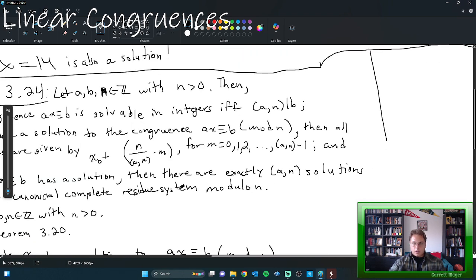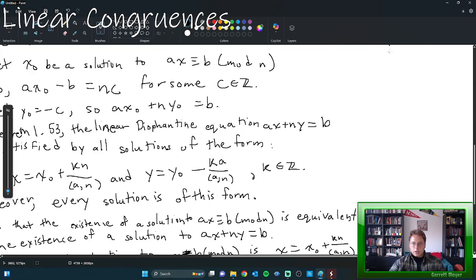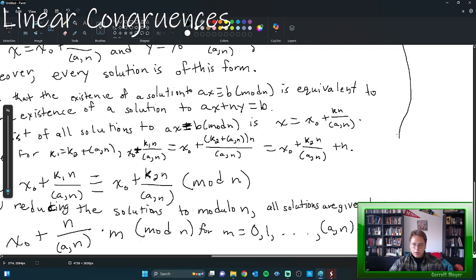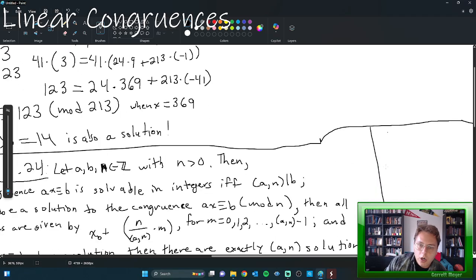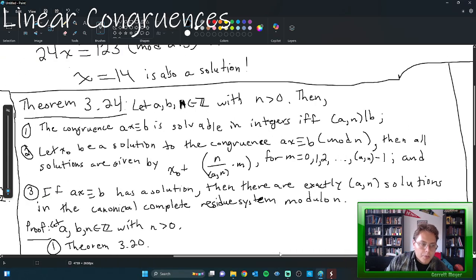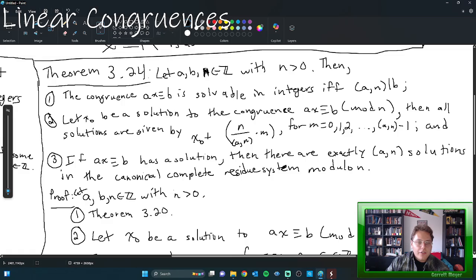And then with that, we can actually move on to part 3. I'll just draw a line here to get a little more clear distinction in the flow of the argument. For part 3, we're tasked with showing that if there is a solution, then there are exactly GCD of A and N solutions in the canonical complete residue system modulo N. Remember, the CCRS modulo N is just the list of numbers from 0 through N minus 1.